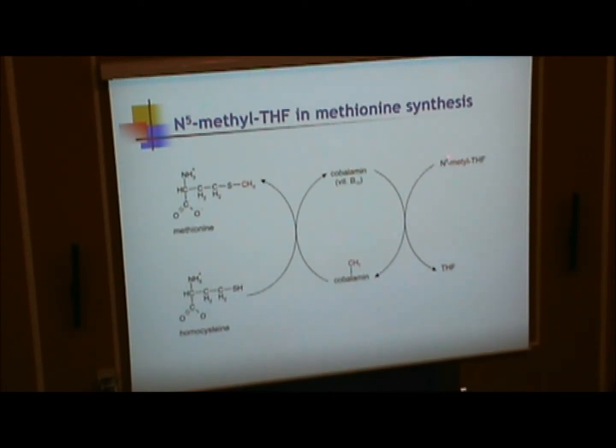So the methyl group may interact with vitamin B12, with cobalamin, converting it into methylcobalamin. Methylcobalamin may interact with homocysteine, and the methyl group is translocated from cobalamin onto the SH group of homocysteine, forming methionine.